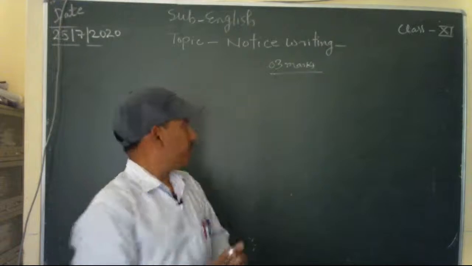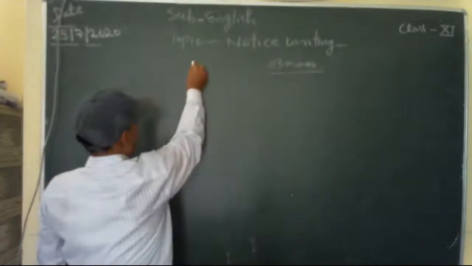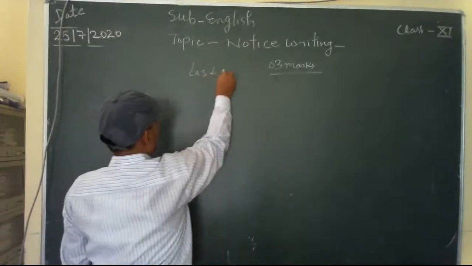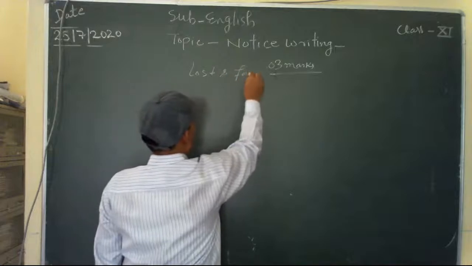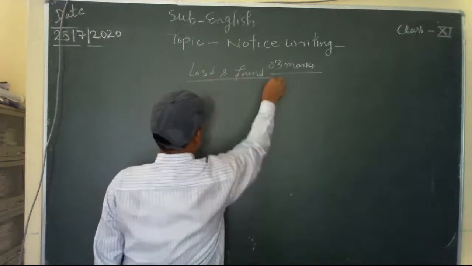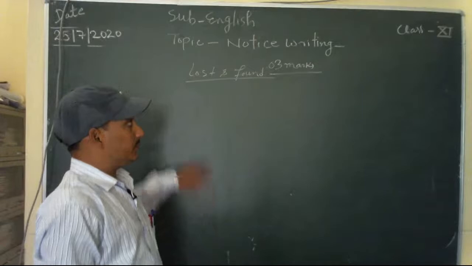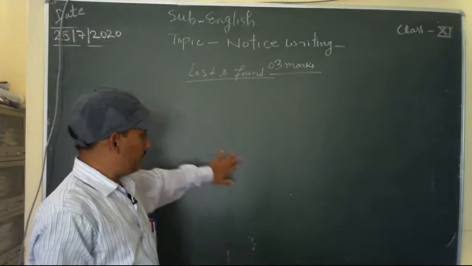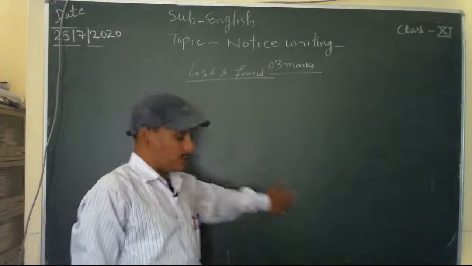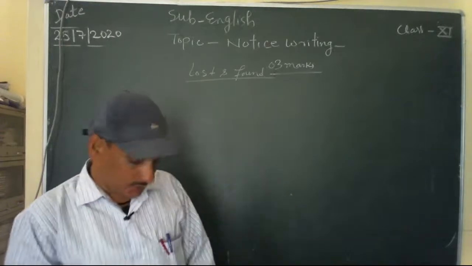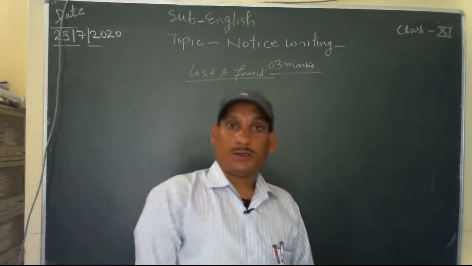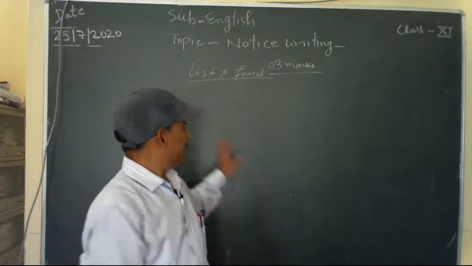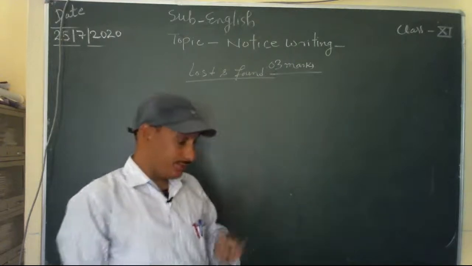So again, we will take another kind, lost and found. This is also among the kinds of notices. Notices can also be written for lost and found items. Again, we will try to understand it with an example.